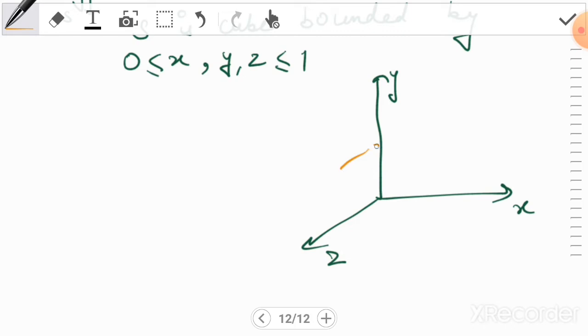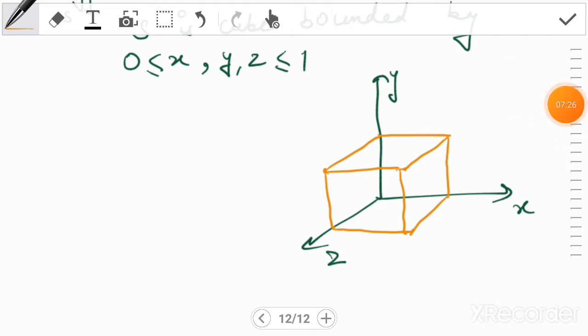Let us draw the cube, and name the vertices A, B, C, P, Q, R, S, and this is the origin O, right?